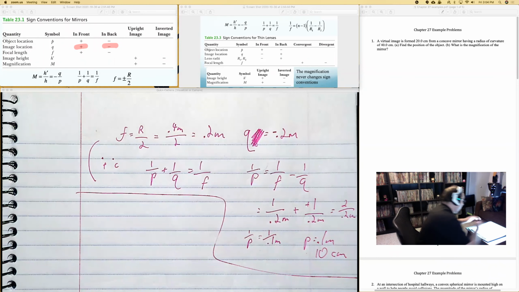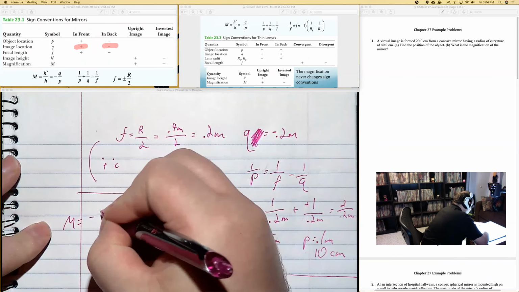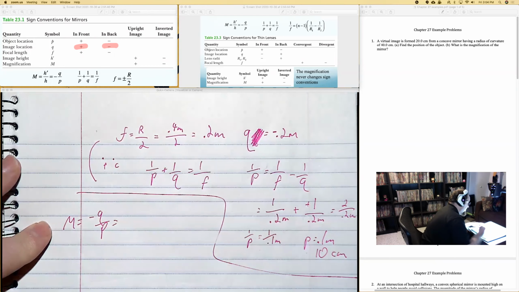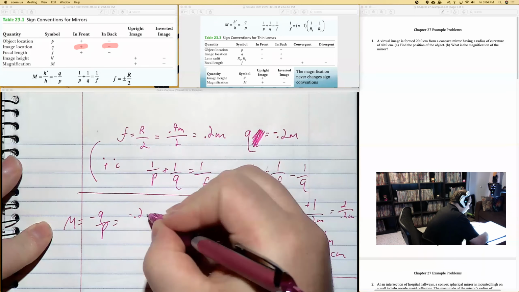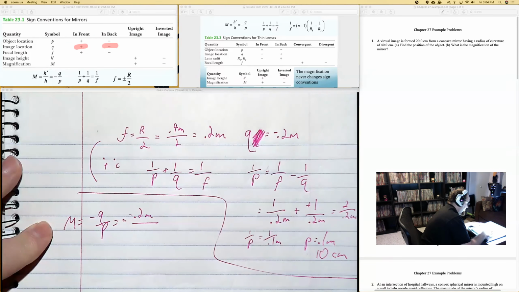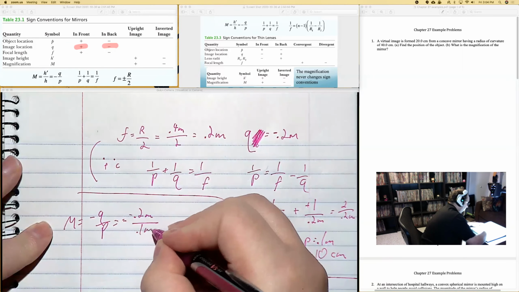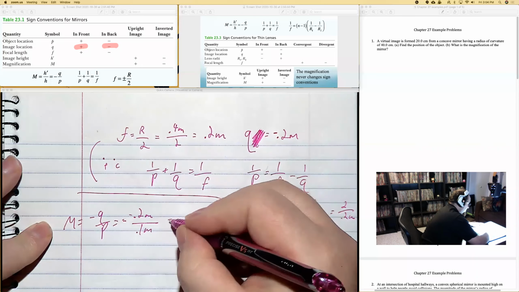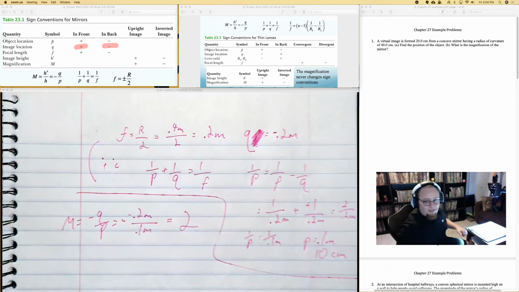Part B is what's the magnification? Magnification is negative Q over P. So it's going to be negative, -0.2 meters with a negative in front, over 0.1 meter. And then you get an answer of 2.